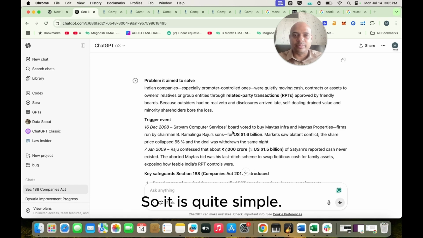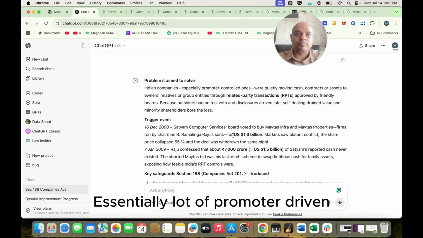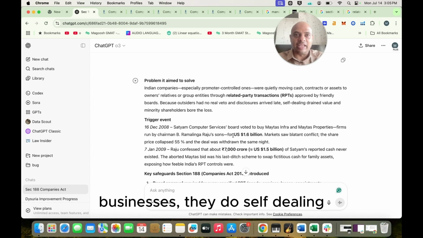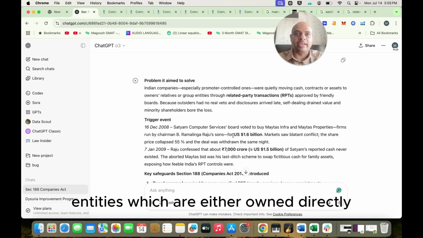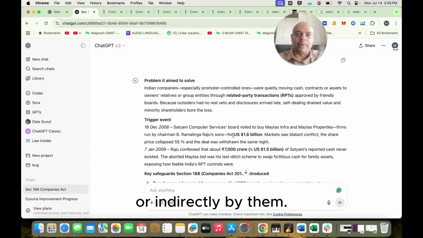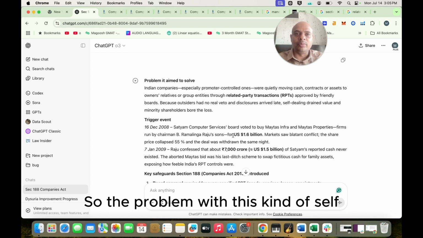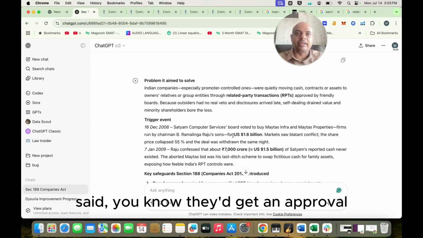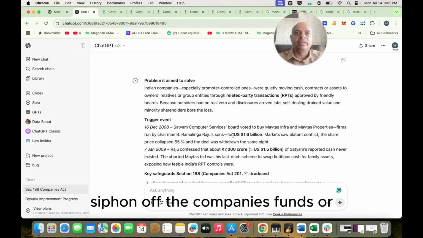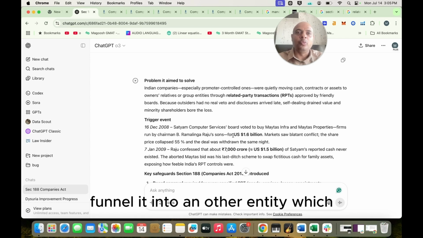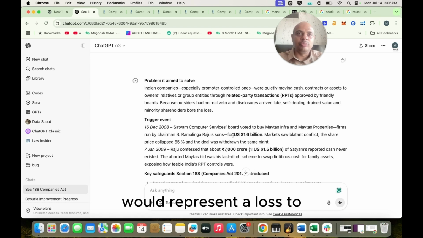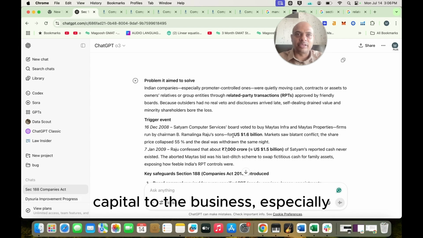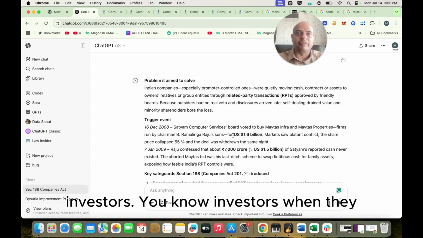So it's quite simple. Essentially, a lot of promoter-driven businesses do self-dealing by entering into deals with other entities which are either owned directly or indirectly by them. The problem with this kind of self-dealing is that, like the text said, they'd get an approval easily through the board and then they'd siphon off the company's funds or funnel it into another entity, which would represent a loss to other shareholders who've contributed capital to the business, especially investors.